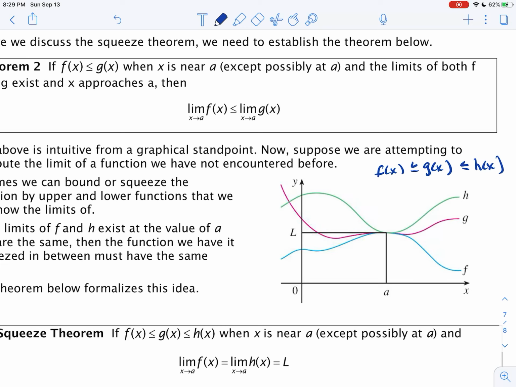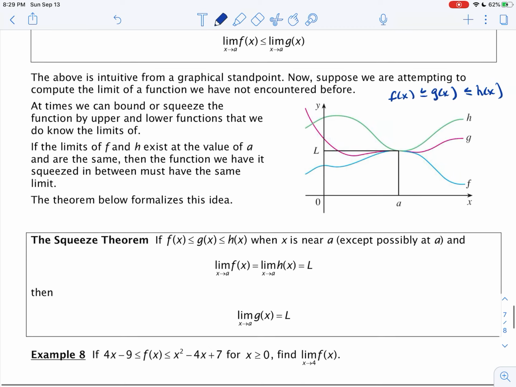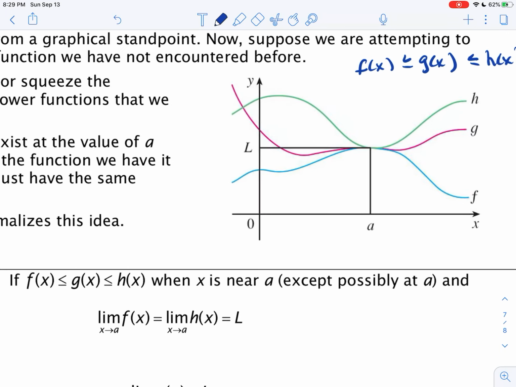Good. So if the limits of h of x and f of x actually equal each other, this is what our squeeze theorem is, then the limit of g of x is also going to equal L. And you can tell that from the graph.